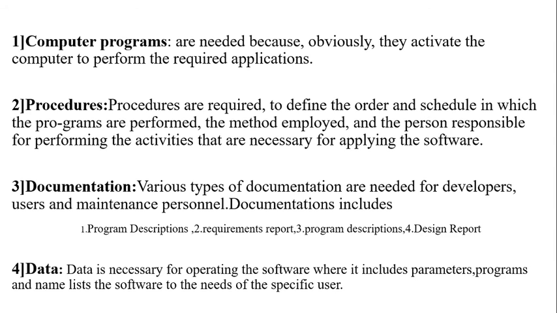The computer program is performed in a computer in different computer languages. Procedures define the order and schedule in which the programs are performed, and they estimate the time for the software development process and the cost of the software. The third is the documentation: requirements, program descriptions, and help sections for different stakeholders.